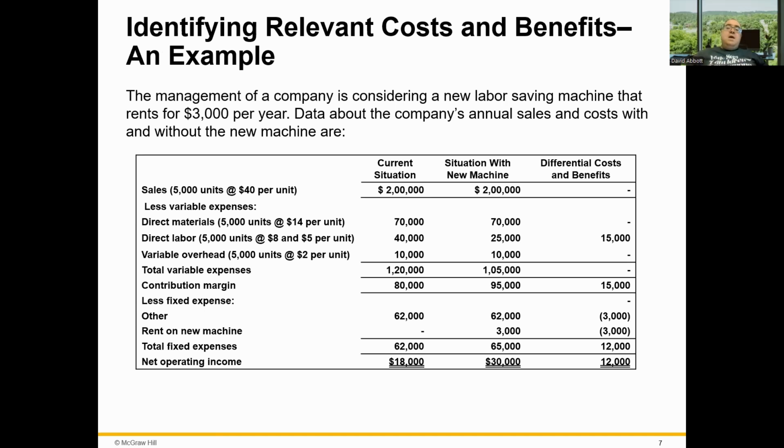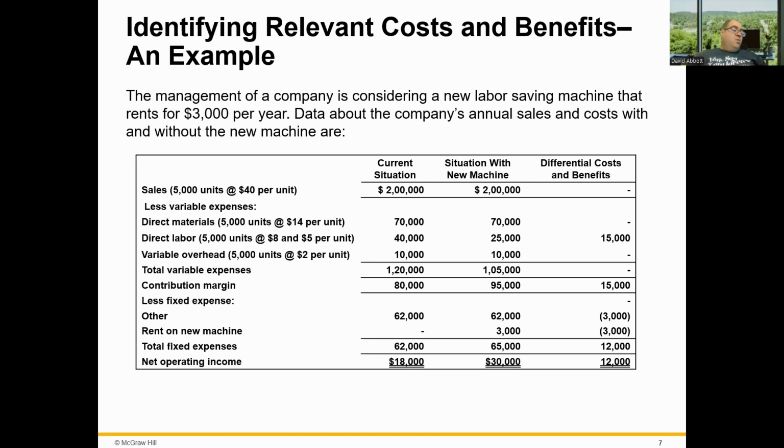Okay, so some examples of relevant costs and benefits. The management of a company is considering a new labor-saving machine that rents for $3,000 per year. Data from the company's annual sales and costs with and without the new machine are shown.